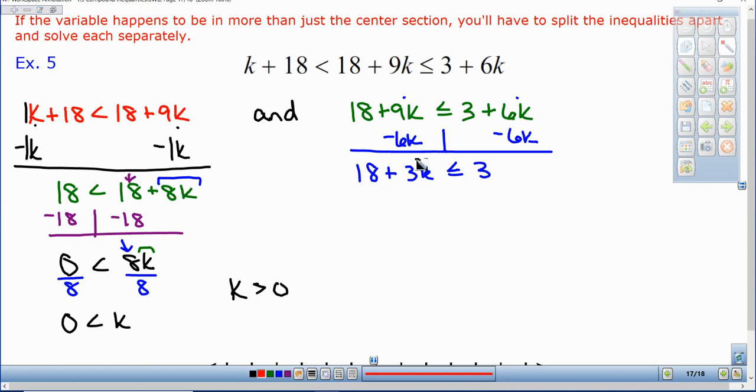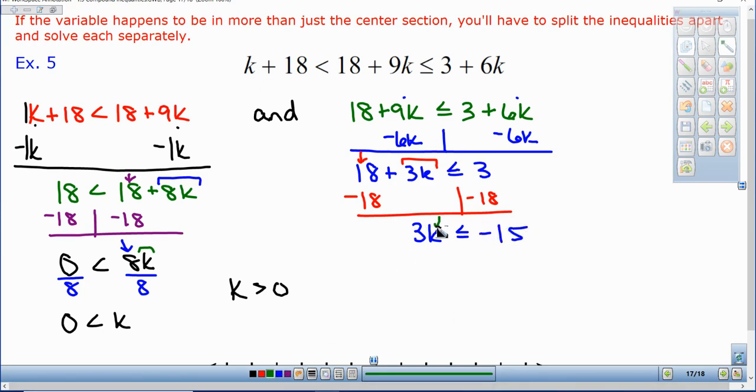Then I'm going to get the variable term by itself, which means I need to get rid of the 18. I'm going to subtract 18, and I'm going to end up with 3k is less than or equal to negative 15.